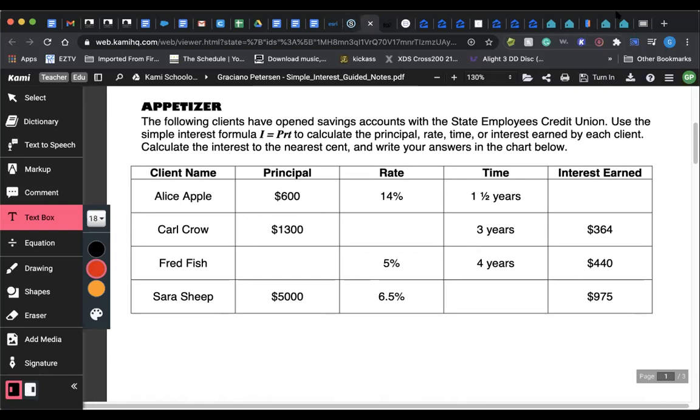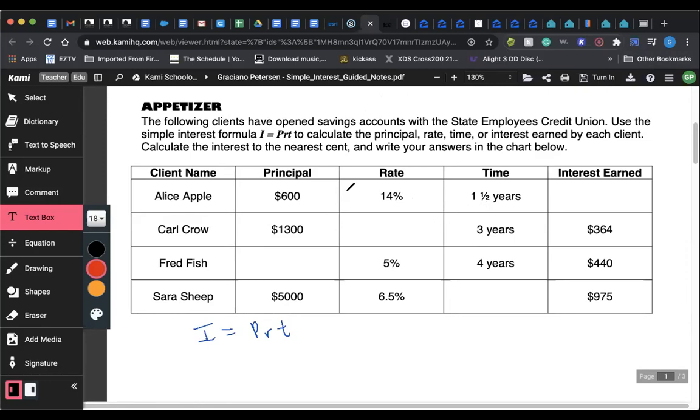So we have I is equal to PRT. We're going to use this formula to calculate the interest that Alice has earned based on her information here.